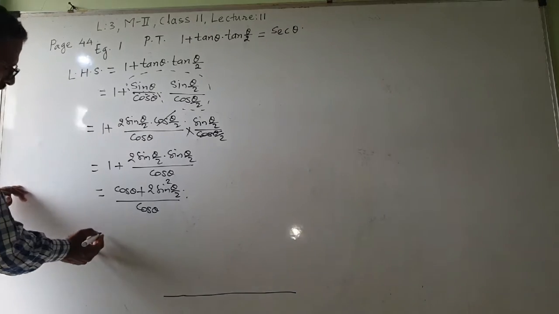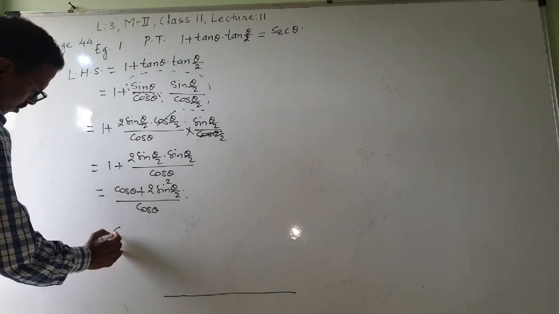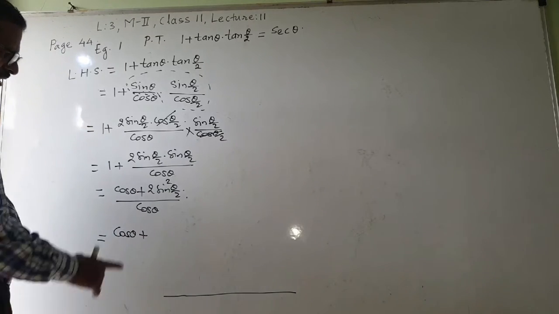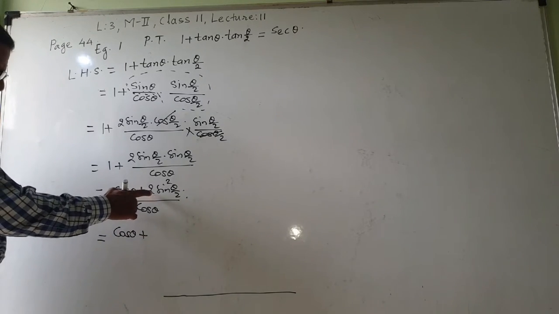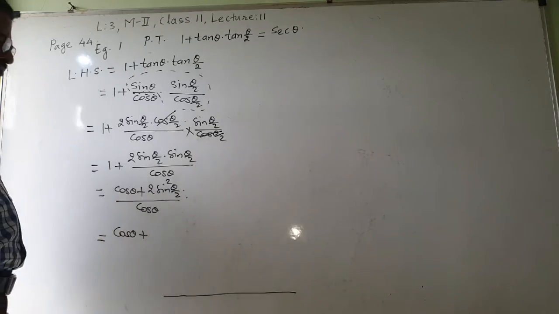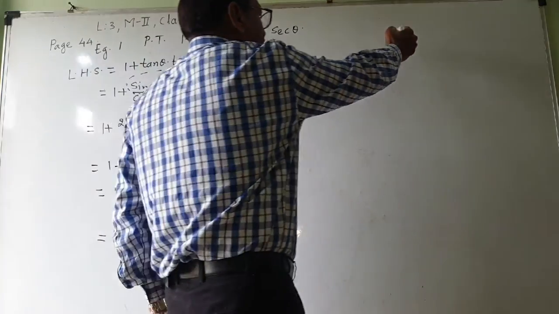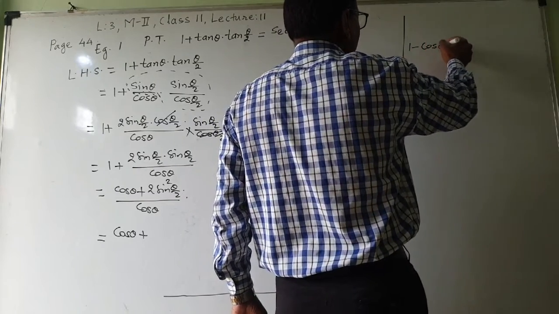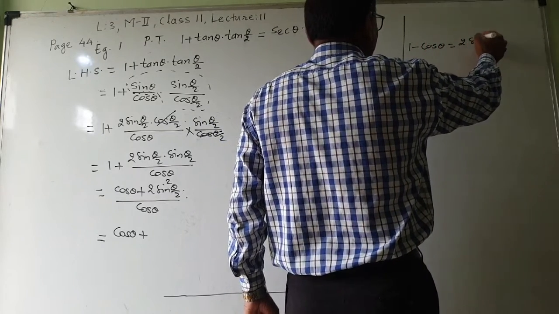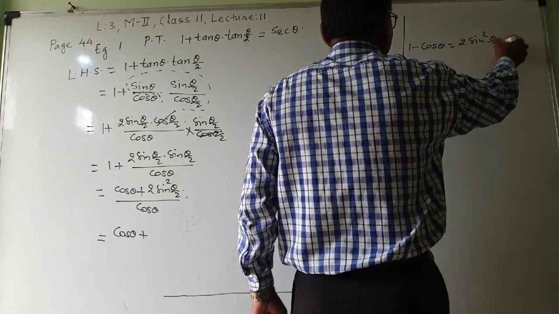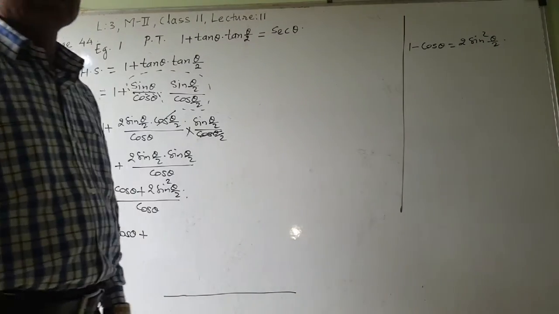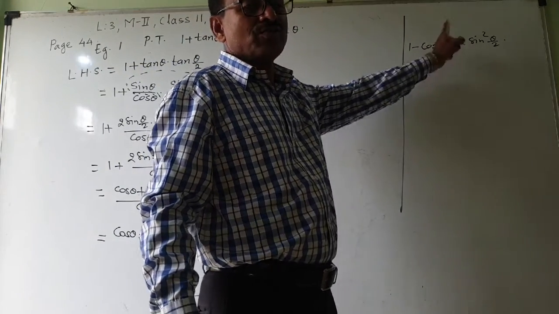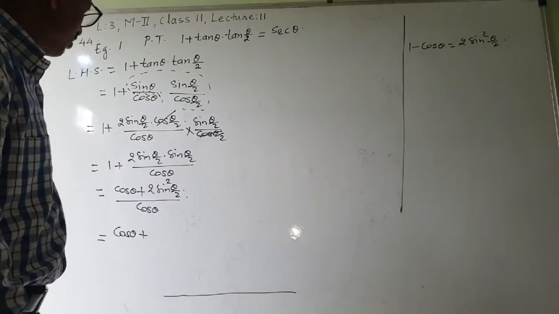So that is equal to cos theta plus, for this I will go to the cos formula. 1 minus cos theta is equal to 2 sin square theta by 2. That also you know. And 1 plus cos theta is equal to 2 cos square theta by 2. These two formulas I have given you and proved also.